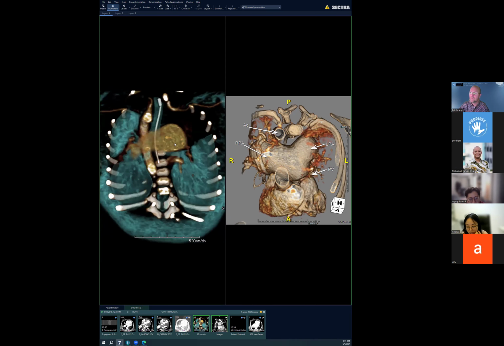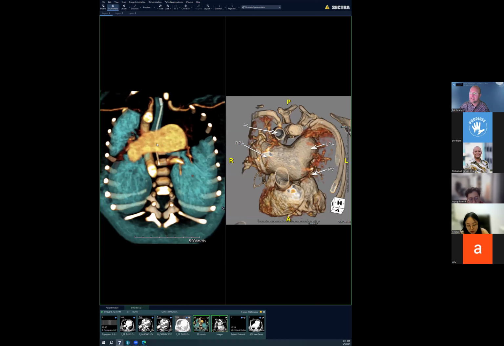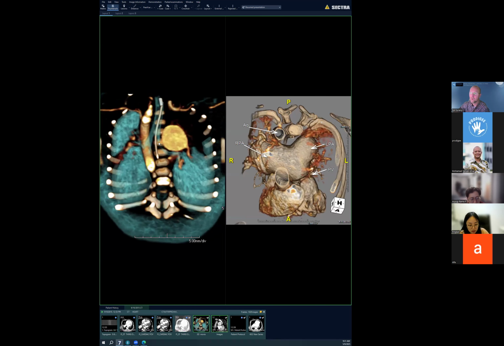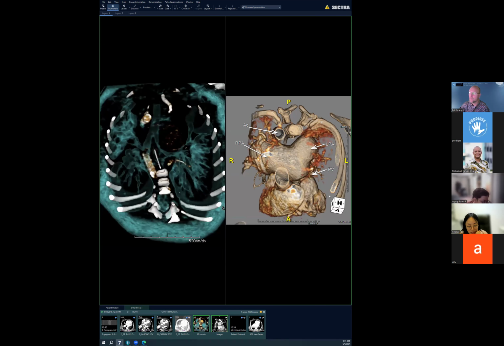So you can see here beautifully that the exact spots where the pulmonary arteries are dilated is where we have our airway compression. You can see that both pulmonary arteries are dilated here, and we have this dysplastic pulmonic valve that is responsible for it. Let me show you guys the axial images.